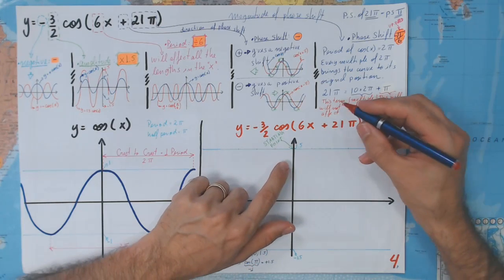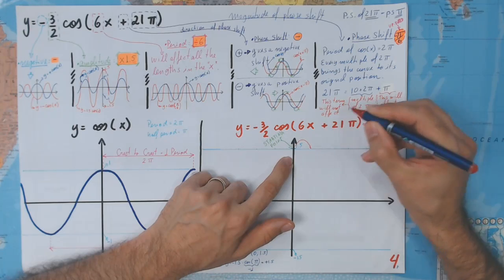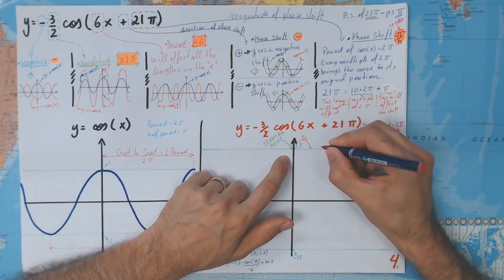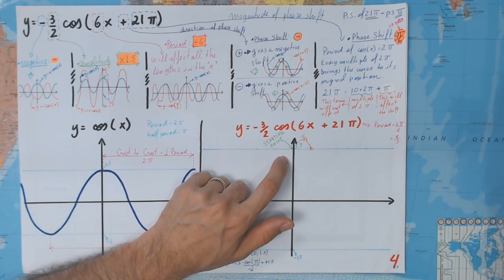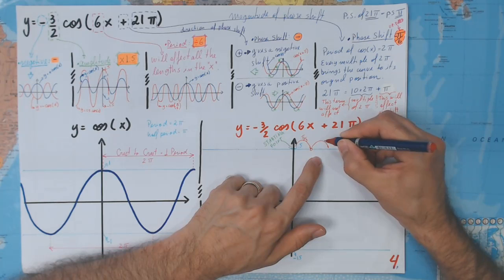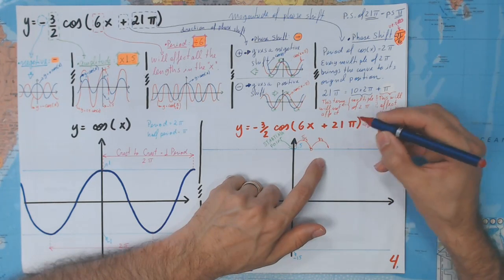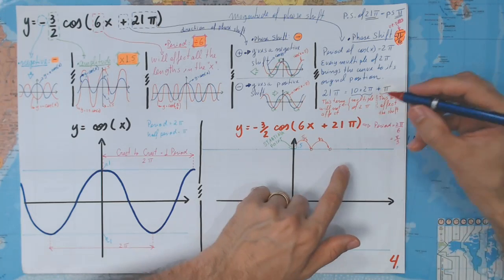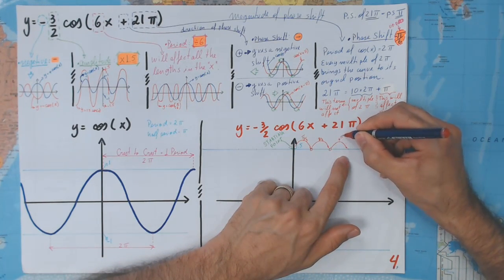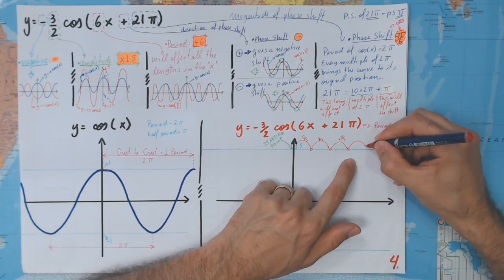That means that from that point to that point, I'm going to add pi over 3, and that's going to be my next crest. Again, if I add more pi over 3, I'm going to get the next crest. Again, if I add plus pi over 3, I'm going to get my next crest, and so on.